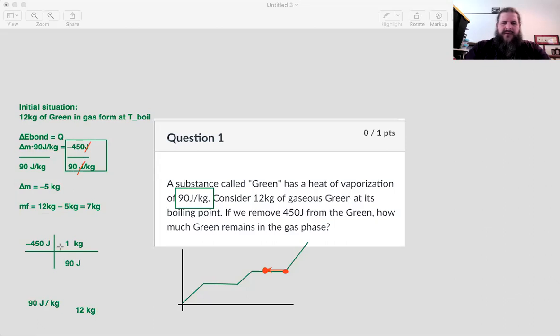That's exactly what we're doing here. Then we end up with negative 450 over 90 is negative 5. Joules and joules cancel out. We're left with kilograms. So you could think of this as a conversion problem as well, where you are effectively converting an amount of energy into the amount of mass that is changed phase by that energy.